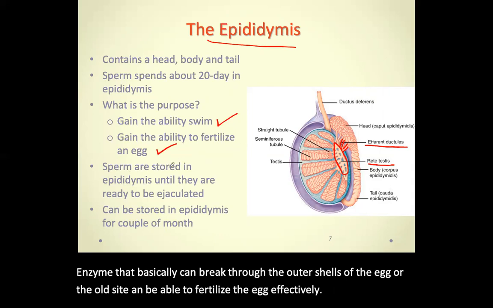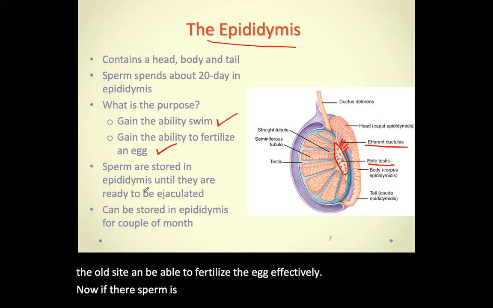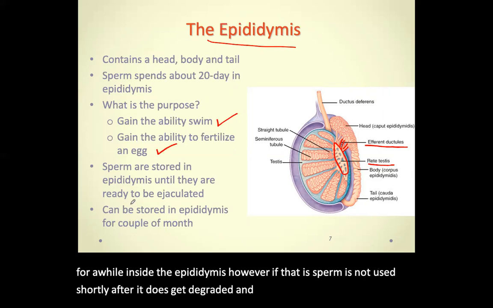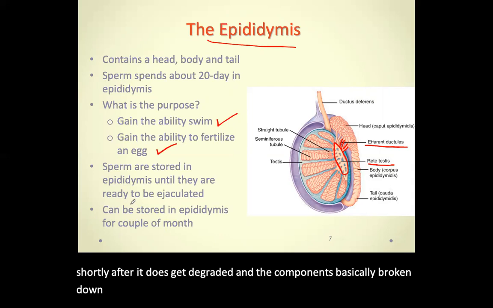Now, if the sperm is not ejaculated from the body, it can be stored for a while inside the epididymis. However, if that sperm is not used, shortly after, it does get degraded and the components are basically broken down and recycled.